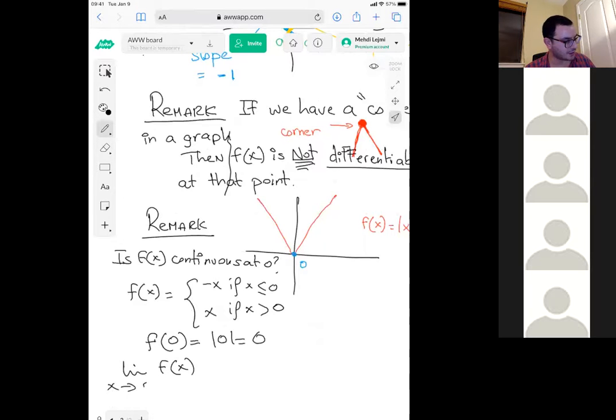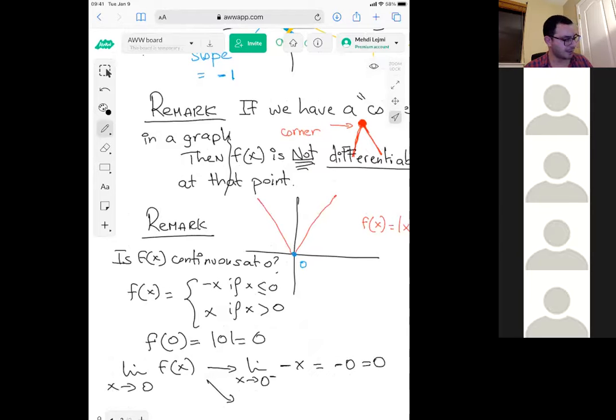My a is 0, so x going to 0, right? And here I have two different cases, because f of x is given by two different equations, minus x and x, right? So if you approach 0 from the left, which means your x is negative, then you need to use minus x. But if you replace x by 0, it's going to be minus 0, which is 0.